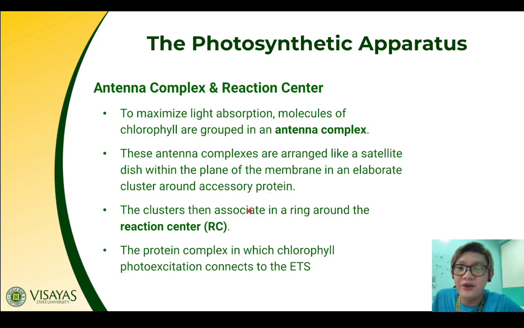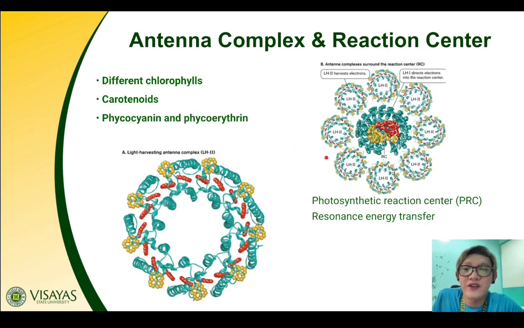So the clusters then associate in a ring around the reaction center, the protein complex in which chlorophyll photoexcitation connects to the ETS. So you have here different chlorophylls, carotenoids, phycocyanin, and phycoerythrin that are found in the antenna complex and the reaction center. So if this is the photosynthetic reaction center, these are some of the pigments that harvest light energy and direct the light energy into the reaction center.